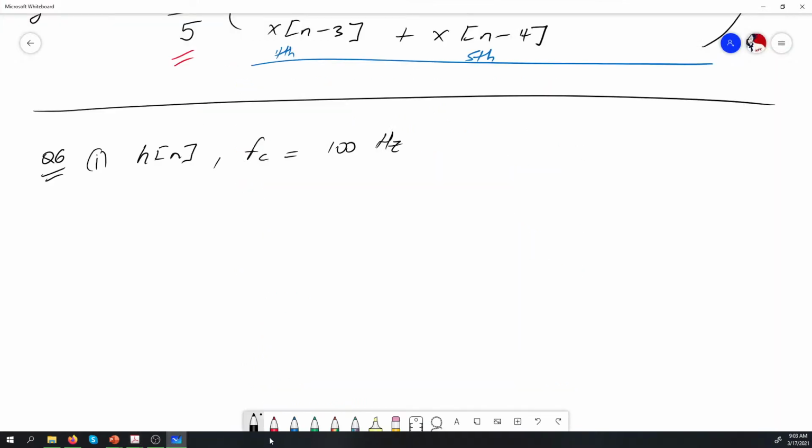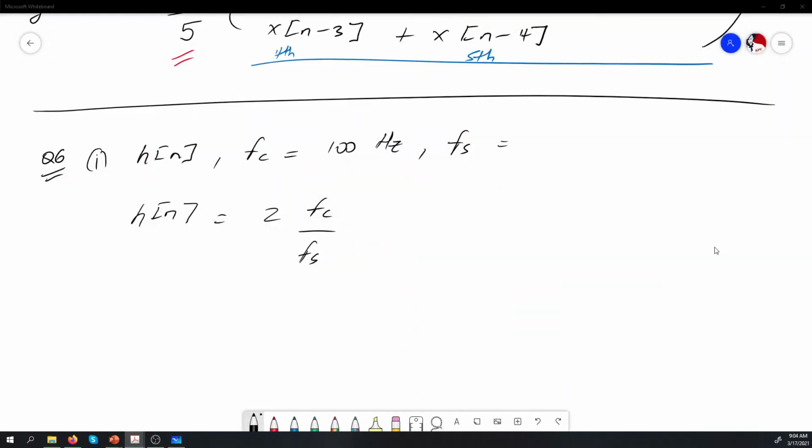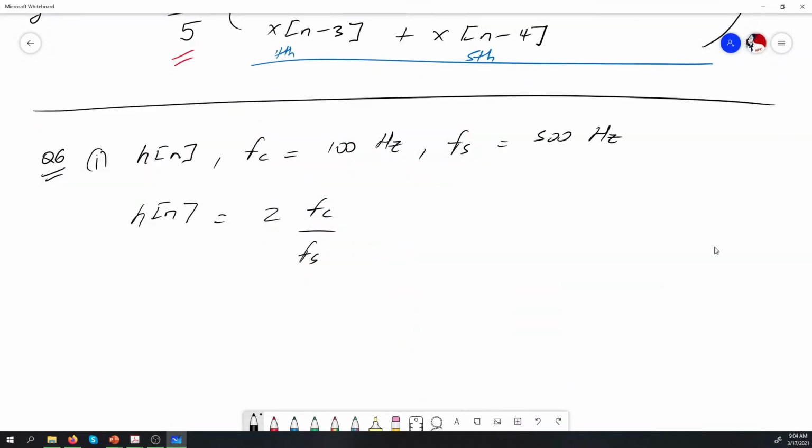So for the Hamming window, the h of n equation takes the form such as 2fc divided by fs, and we had fs here equal to 500 hertz, times 2 pi n fc over fs.